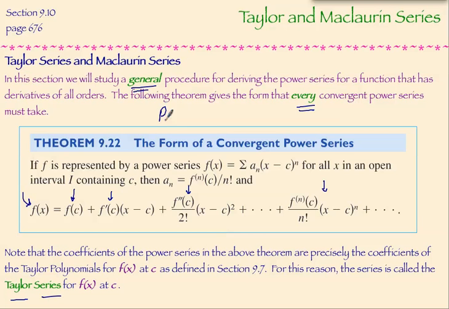Maybe we had p sub 4, where we were supposed to take it out to the fourth derivative. But now we are expanding that idea to infinity. And in doing so, we have an infinite series, which is called a Taylor series. The difference is that these polynomials are finite approximation polynomials, whereas the Taylor series, of course, is an infinite series.